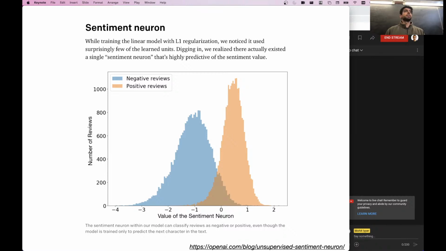So this was one of the most famous results of visualizing the neurons of a language model. This work was published by OpenAI in 2017. They trained a recurrent neural language model just on next word prediction.